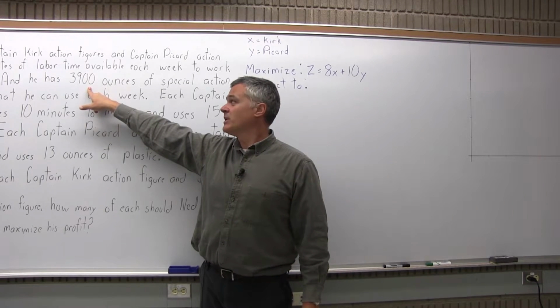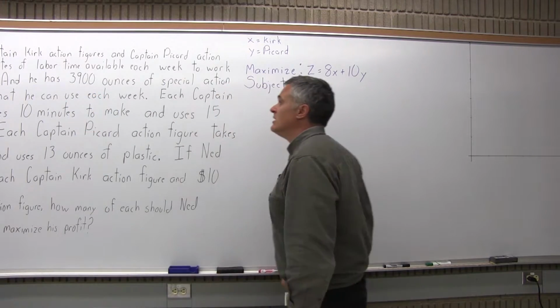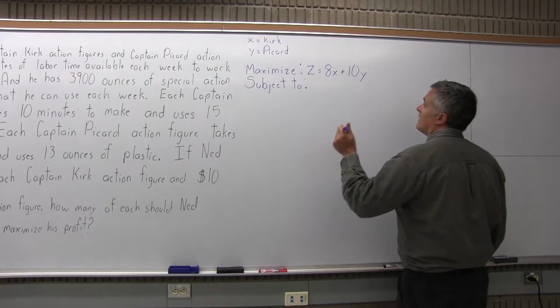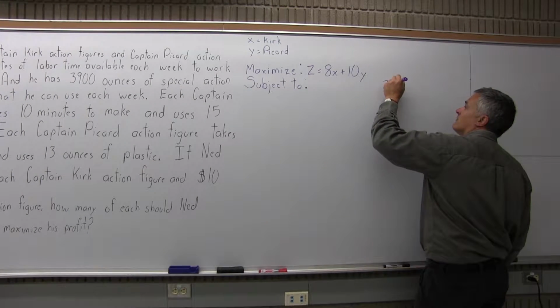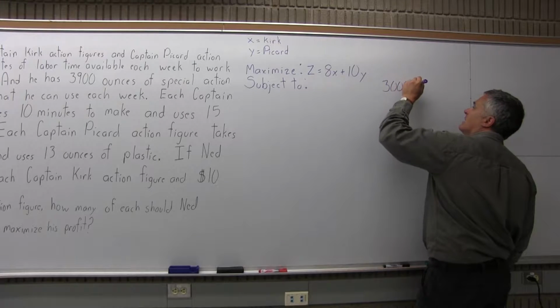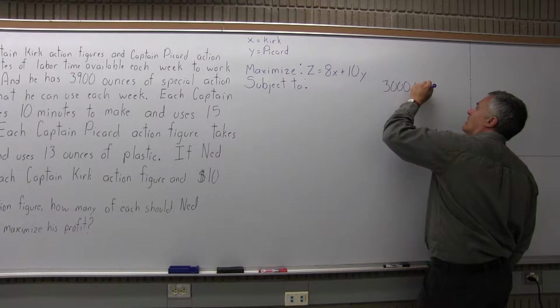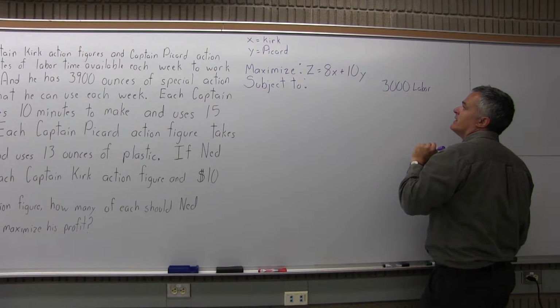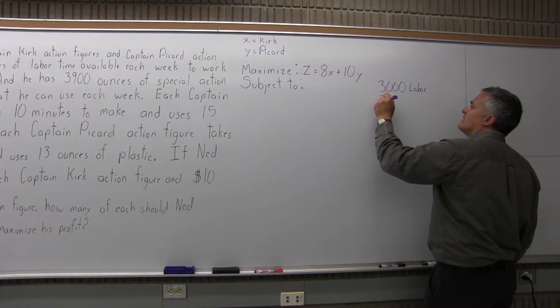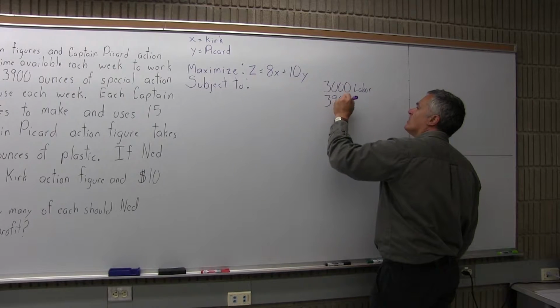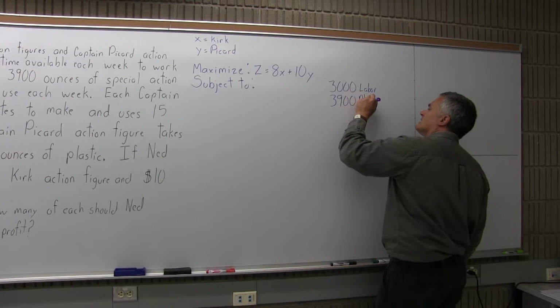So these are going to make up our 2 constraints. I'll write the 3,000, giving myself a little bit of space, and I'll put labor. And the other one is the plastic, so that is 3,900, and that's plastic.